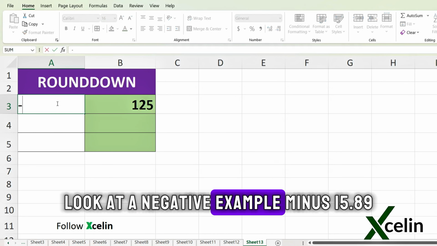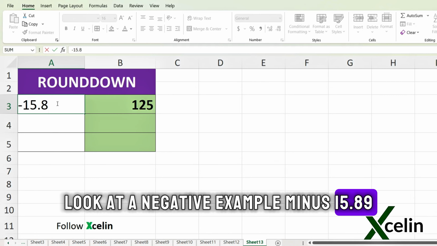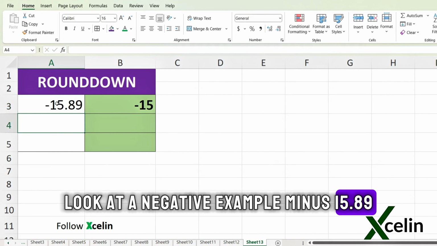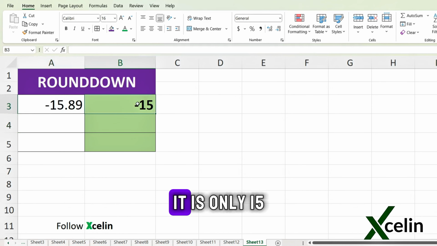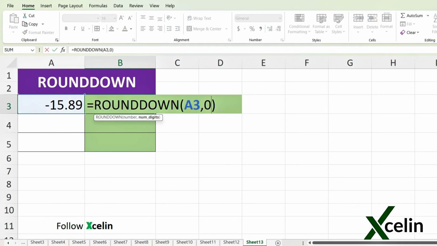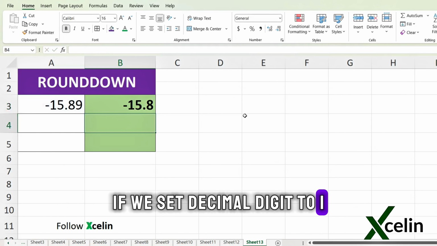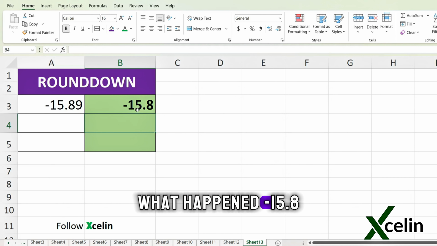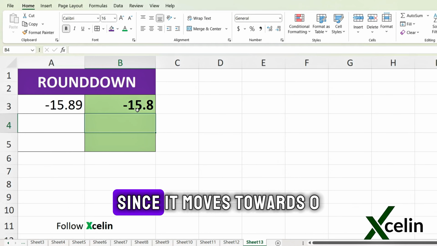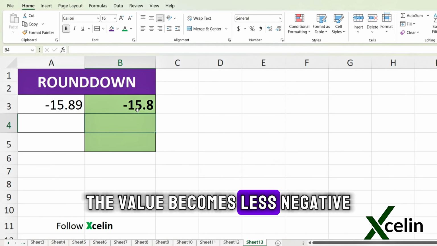Look at a negative example, minus 15.89. It is only minus 15. If we set the decimal digit to 1, what happened? Minus 15.8. Since it moves toward 0, the value becomes less negative.